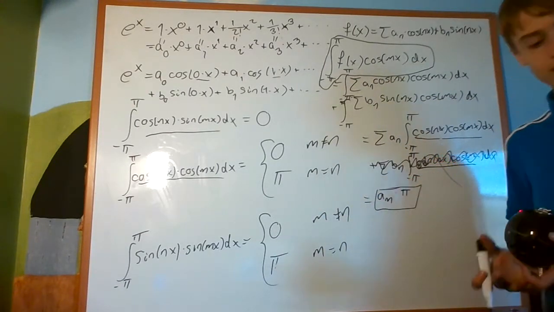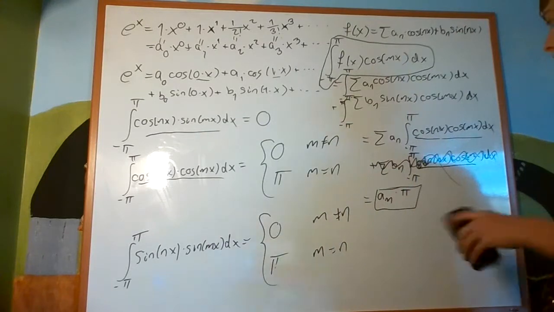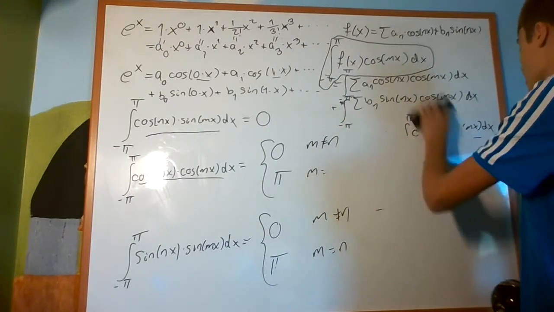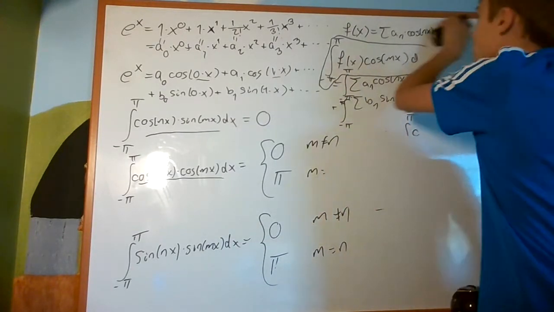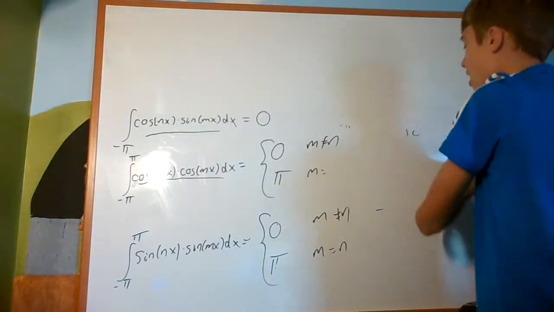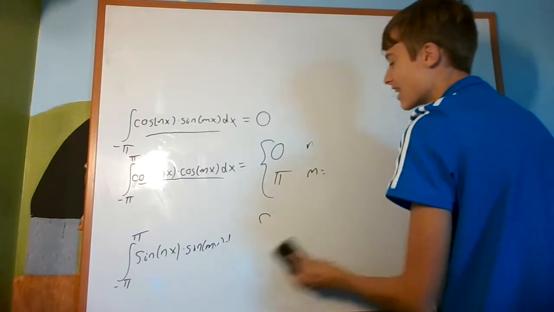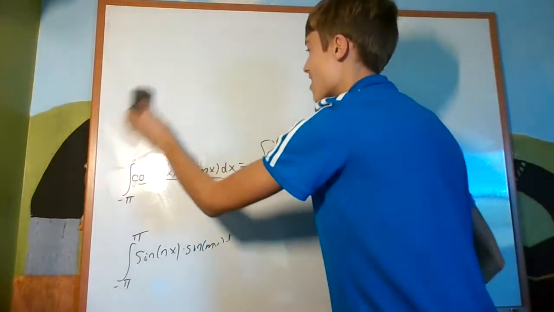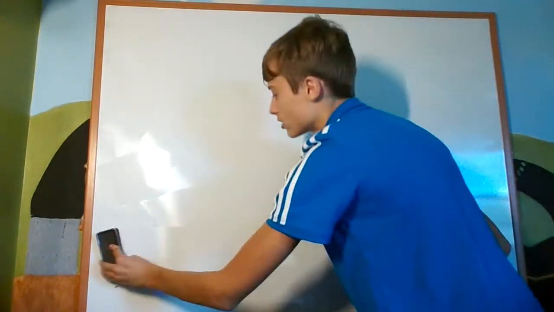Now you can do something similar for bn by multiplying by sine of mx on both sides. That'll give you the coefficients on sine of nx. And so we get two formulas.